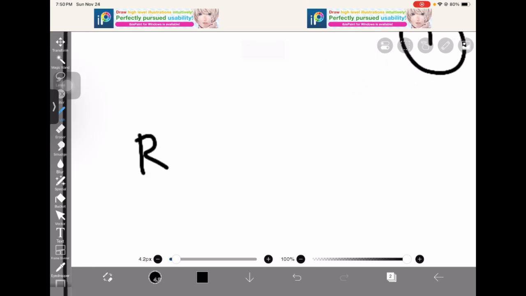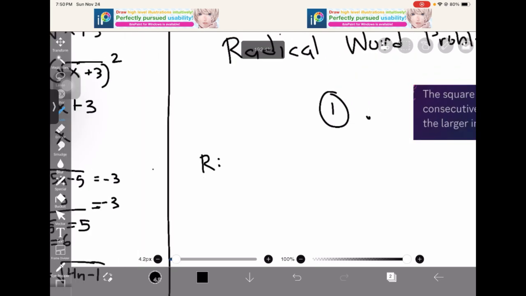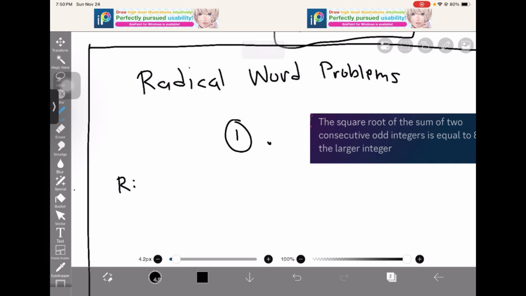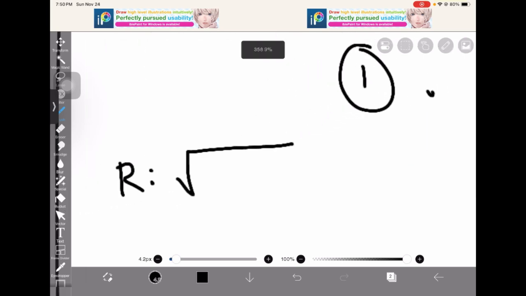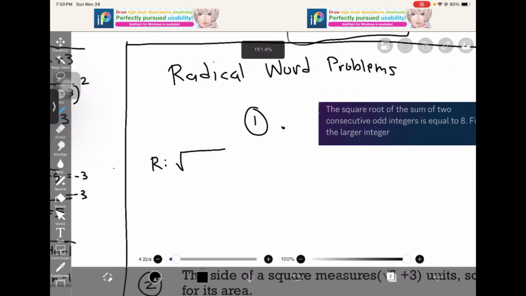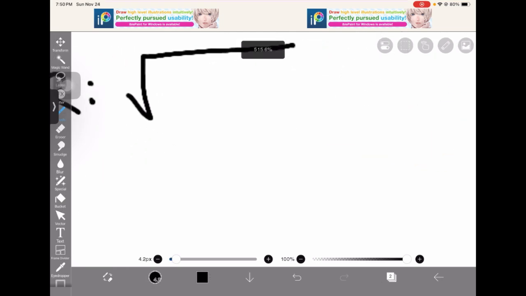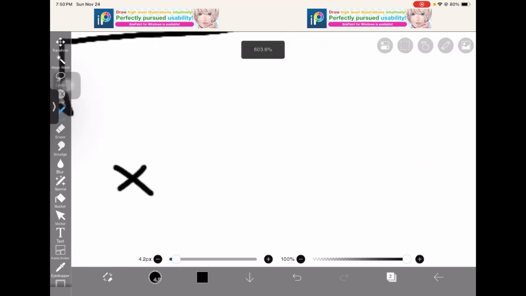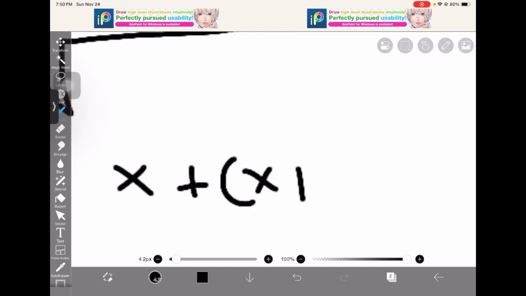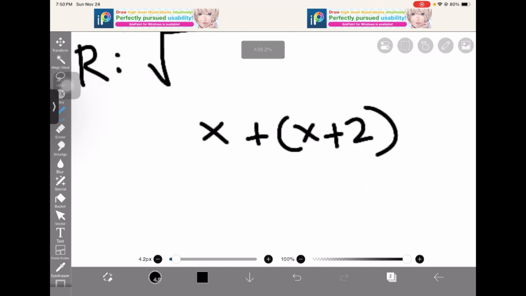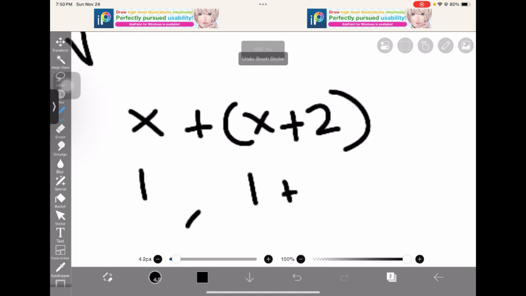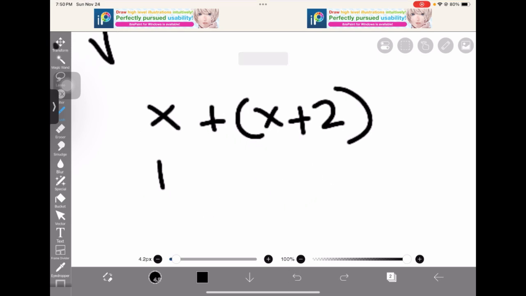First, let's start with the representation, or R. So we know that the square root, so we put the square root symbol, of the sum of 2 consecutive odd integers. 2 odd integers would just be x plus 2. For example, 1 and 3, where x equals 1, and 1 plus 2 is indeed 3, hence they are 2 consecutive odd integers.